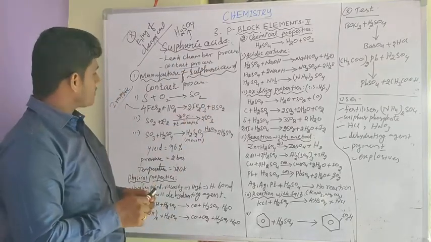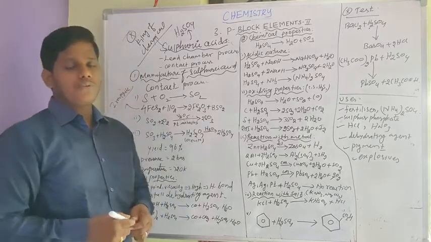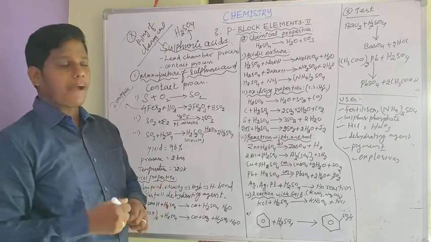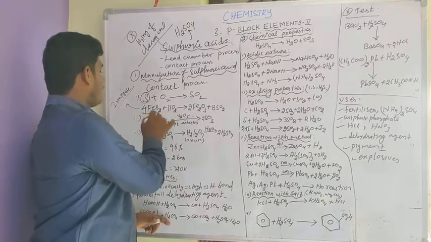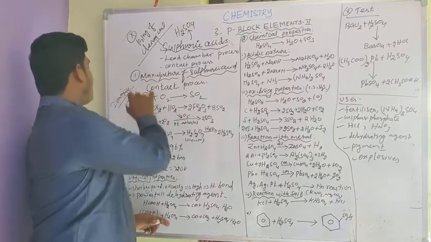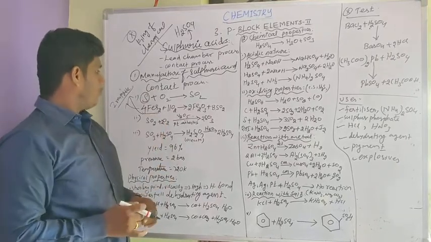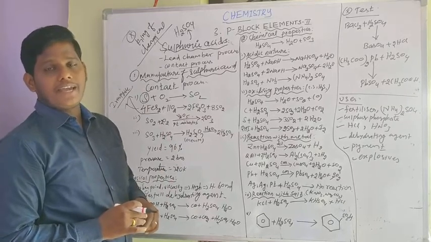In this process we use two compounds: one is sulfur, and the other is an iron sulfide called iron pyrite. They are oxidized with O2, that is oxygen, and converted to sulfur dioxide.